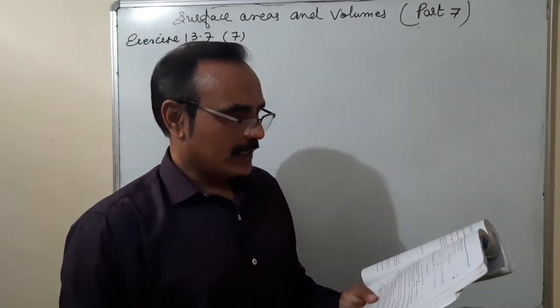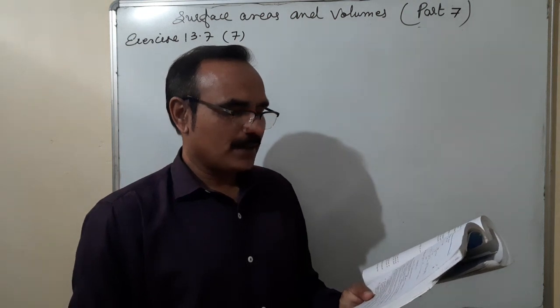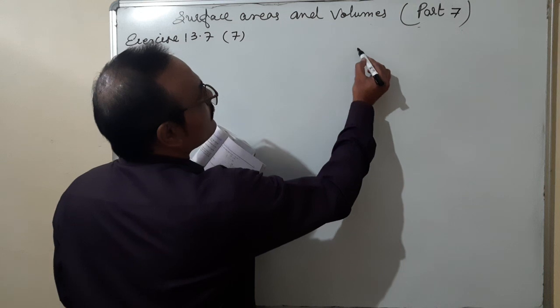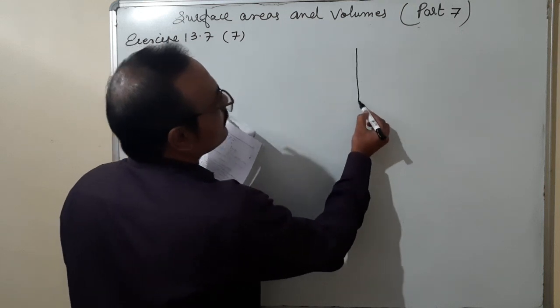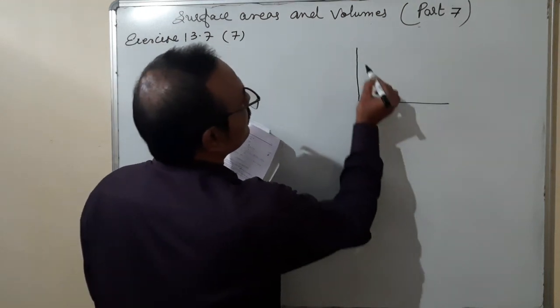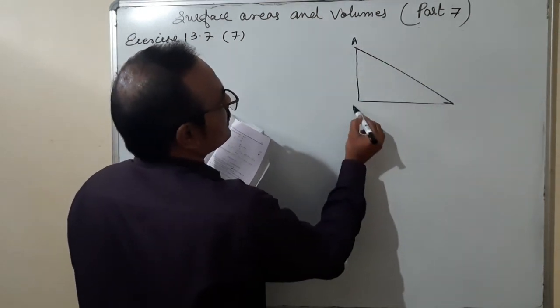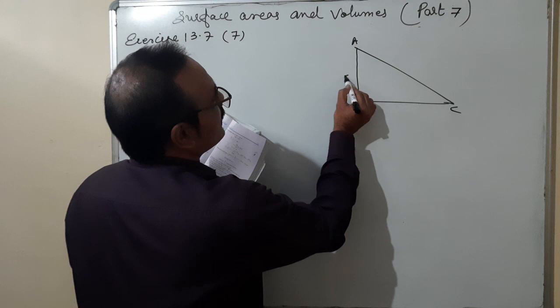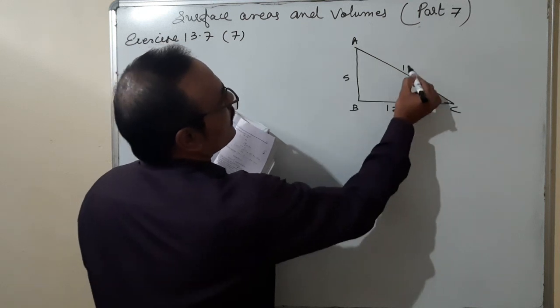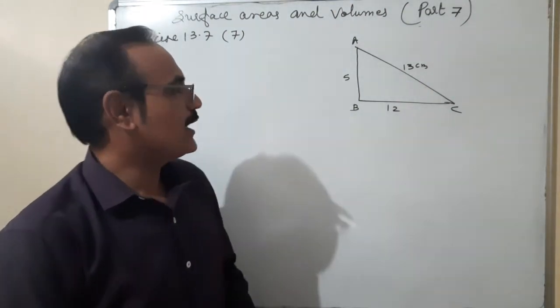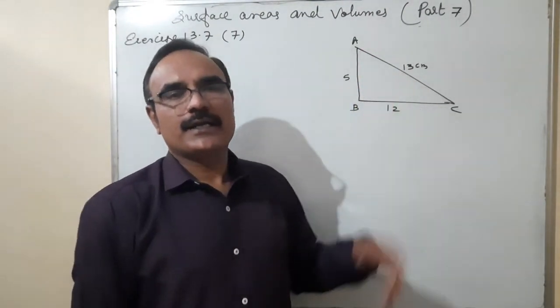Okay. A right triangle ABC with side 5, 12 and 13 centimeter. 5, 12 and 13, you have understood that it is a Pythagorean triplet.